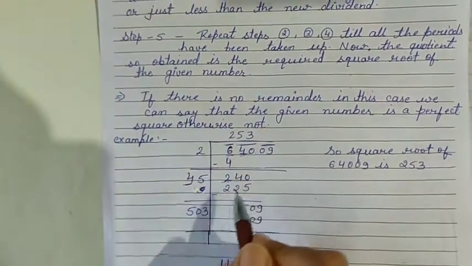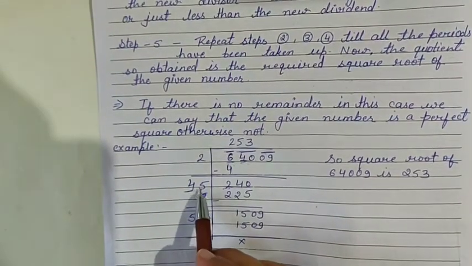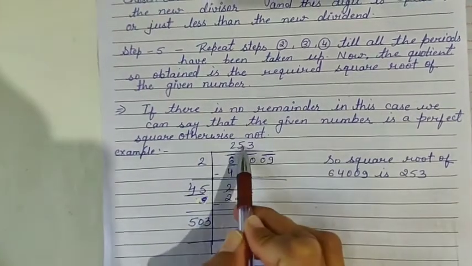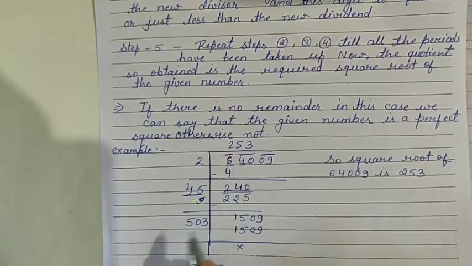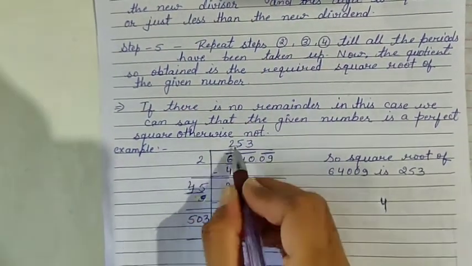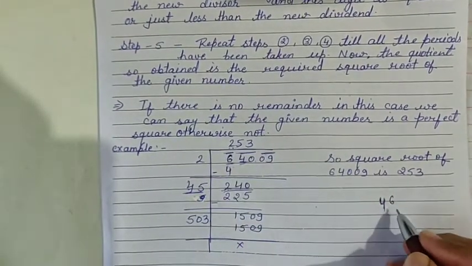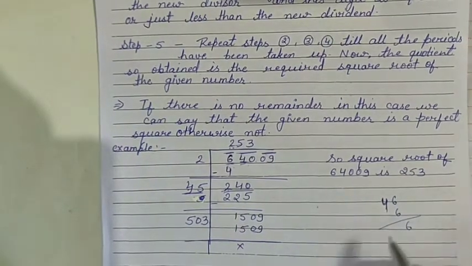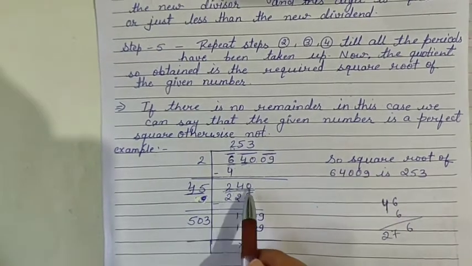Okay, we will choose a digit such that the product of this and this is less than or equal to our new dividend. So we choose 4, which comes from here, double of our quotient. When I choose 6 and multiply 46 by 6, then I get a number that is greater than 240.